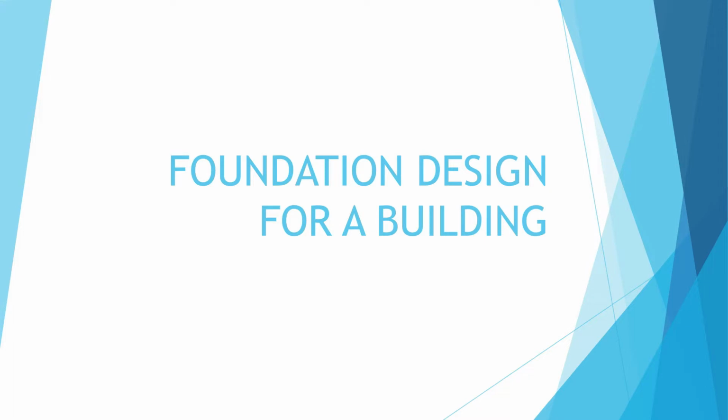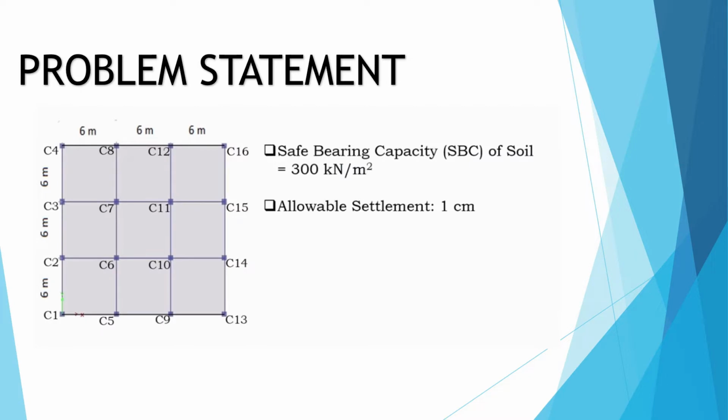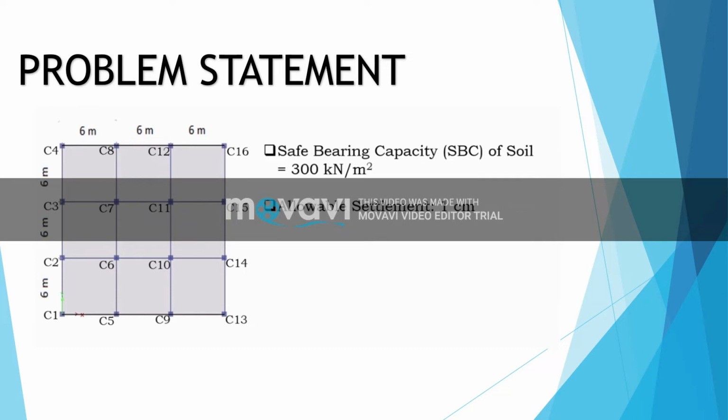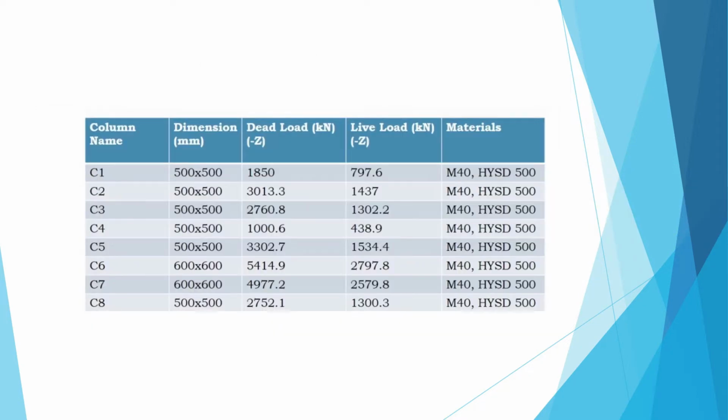Now let us take a look at the problem statement. Here we have to consider a safe bearing capacity of 300 kN per meter square and an allowable settlement of 1 centimeter. The table displayed shows the dimensions, dead and live load, and the materials of the columns.